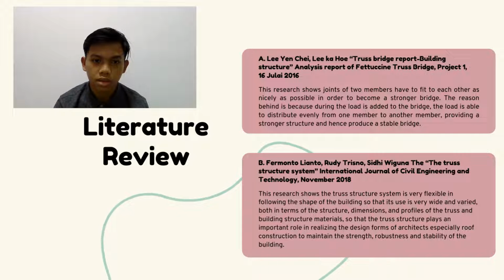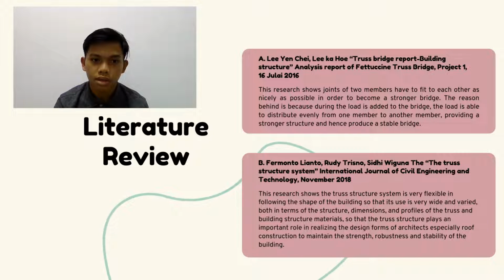This research shows joints of two members have to fit to each other as nicely as possible in order to become a stronger bridge. The reason behind this is that when a load is added to the bridge, the load is able to distribute evenly from one member to another member, providing a stronger structure and producing a stable bridge.